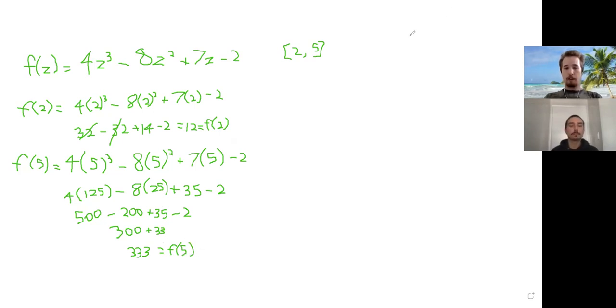So we have some cubic function, right? And we figured out our two endpoints. We have an endpoint here and an endpoint here. We have 2, 12, and we have 5, 333.